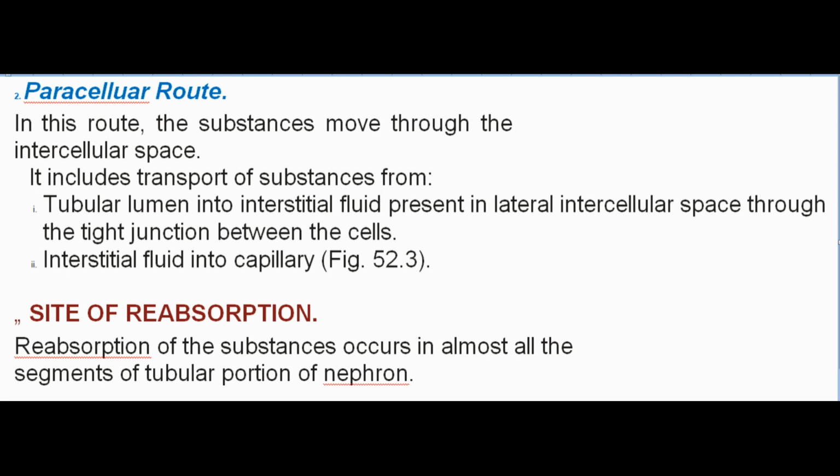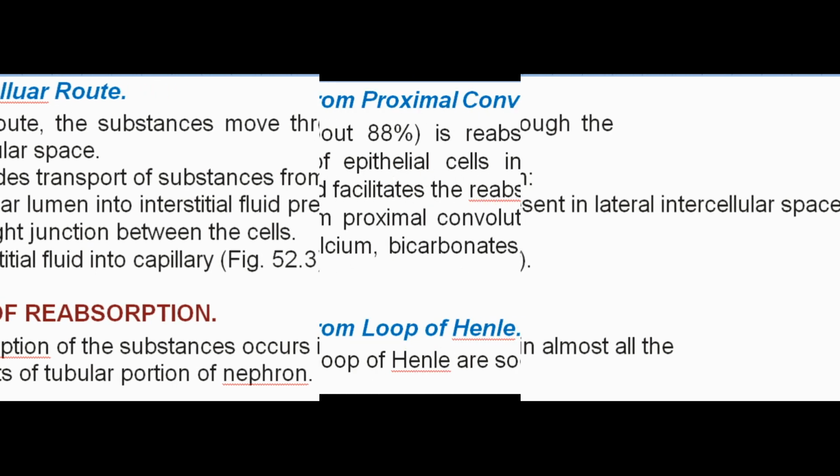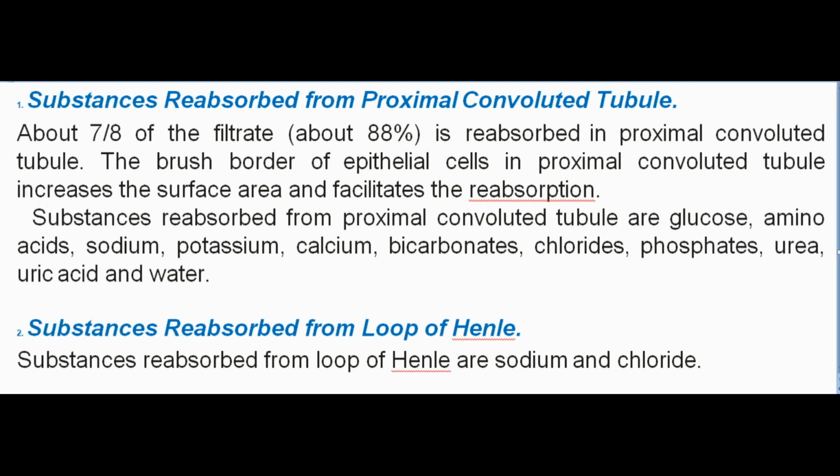Site of reabsorption. Reabsorption of the substances occurs in almost all the segments of tubular portion of nephron. Substances reabsorbed from proximal convoluted tubule. About 7/8 of the filtrate, about 88%, is reabsorbed in proximal convoluted tubule.